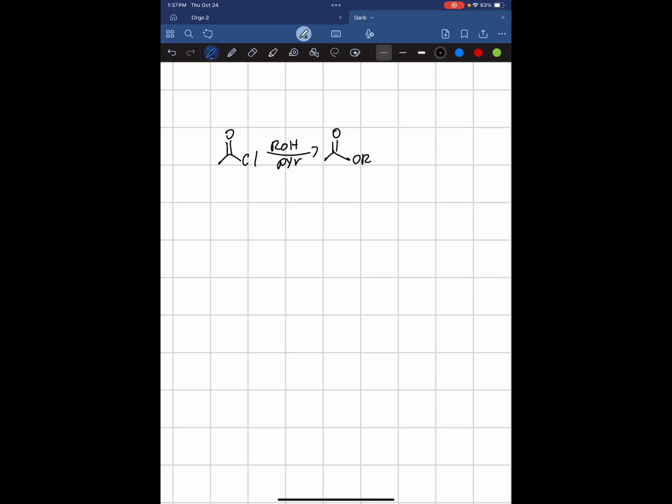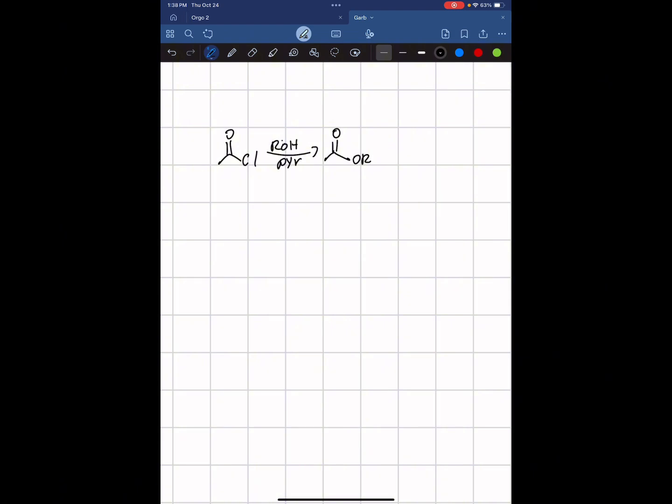A lot of this is very similar to the aldehydes and ketones chapter, where we learn how to protonate under acidic conditions and just do nucleophilic attacks under basic conditions. So I'm just going to show you how to do the neutral way, but depending on your professor, you'll see whichever one of these that I just mentioned.